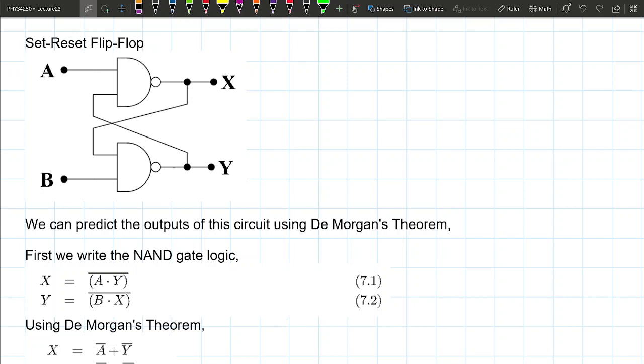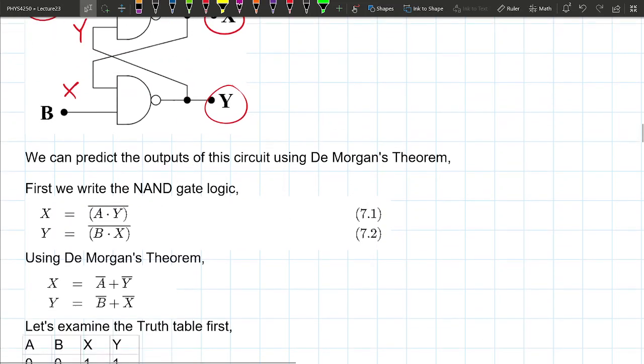So let's see if we can dissect this a little bit. X here is the NAND between A and Y, because this is basically Y, connected by a wire, and the bottom one is X. So in logic math, X is the NAND, so the AND between A and Y, and then negate it.